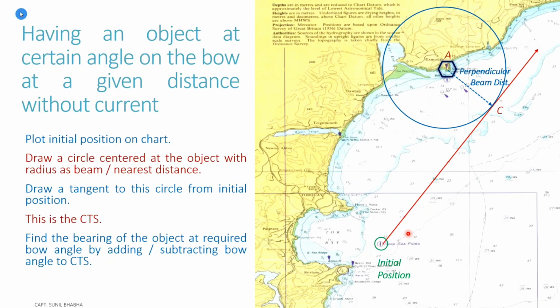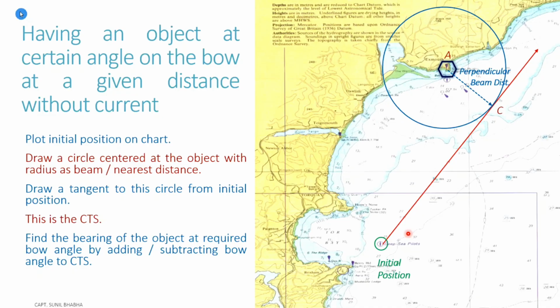So by adding or subtracting the bow angle to our CTS, depending upon whether the lighthouse is on our starboard side or on our port side: if it is on the starboard side, the bow angle will be added to the course steered. If the object or lighthouse is on the port side, the bow angle will be subtracted from the CTS.